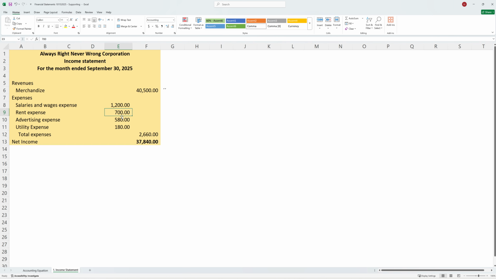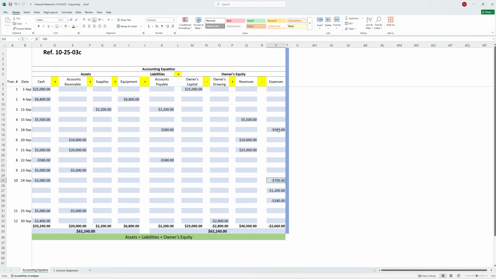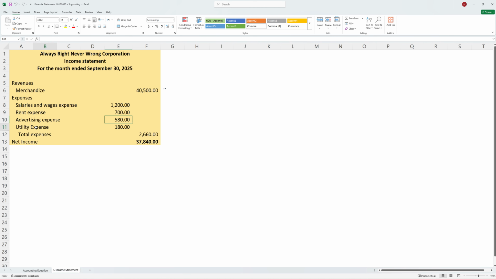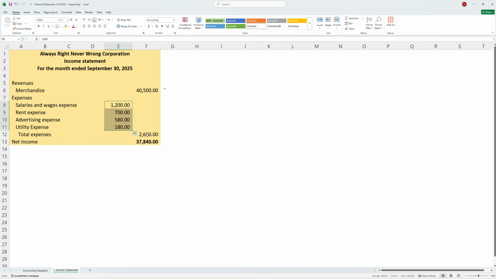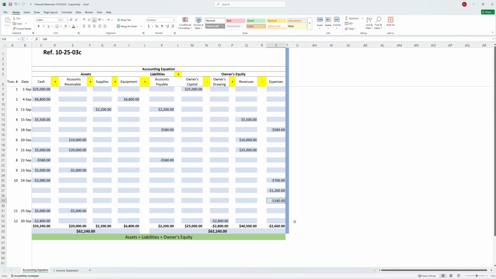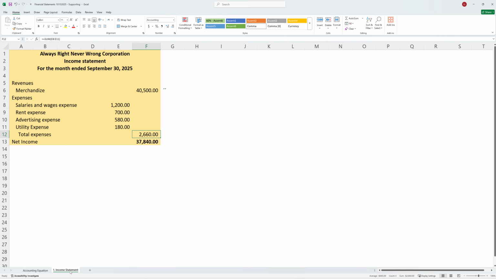Then we've got advertising expense, which is $580, from transaction 5. Then we've got utility expenses, from transaction 10. Putting it all together gives us $2,660. If we also look at our accounting equation, here is the sum of all the expenses. This is considered operating expenses.